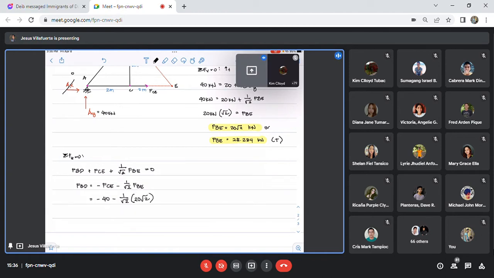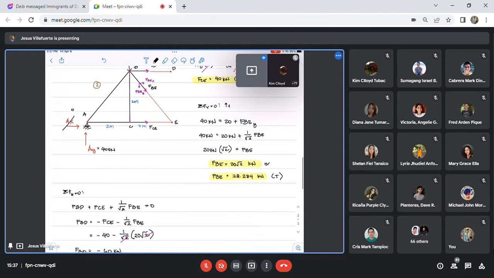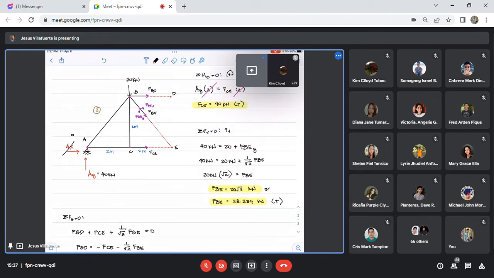So the square root of 2 cancels. Therefore, FBD is just negative 60 kilonewton, or FBD is equal to 60 kilonewton. This is in compression. Can you follow this, class? Yes, sir.